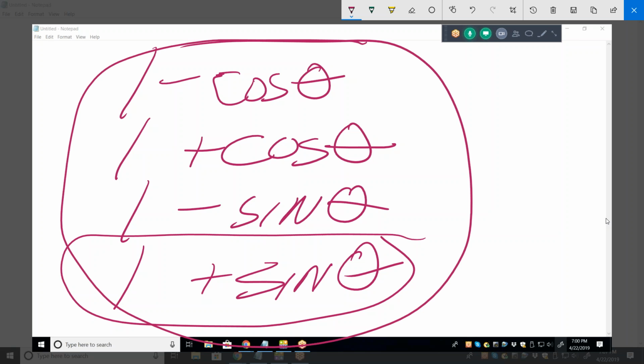And the reason is that when you multiply by its conjugate, you end up with 1 minus cosine squared, which is sine squared. So you can take these two terms and turn them into 1. So that's the thing to look for.